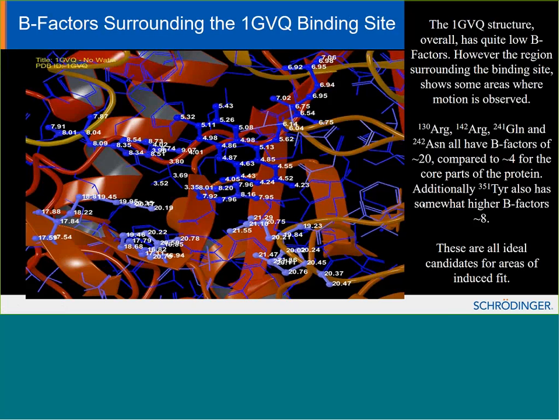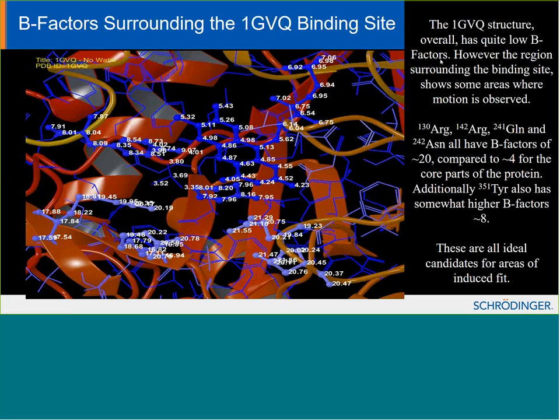This is an example of the 1GVQ structure, and this is colored not by atom type, but by B factors. B factors tell us more information from the crystallography, in your PDB file, of how much atoms move away from their average mean position.